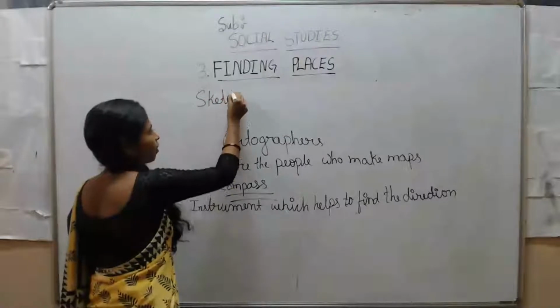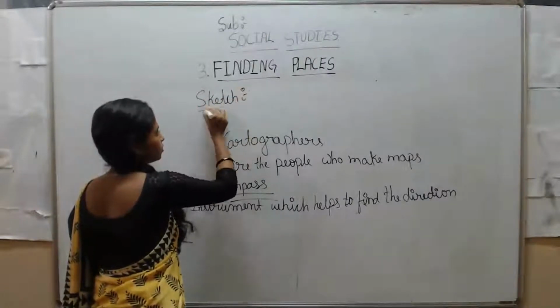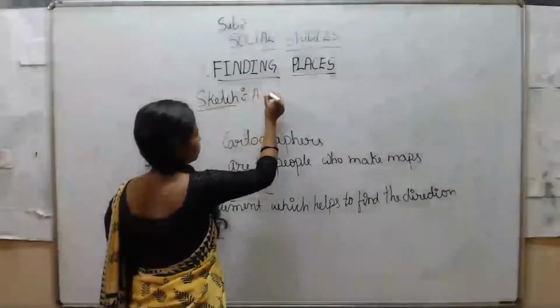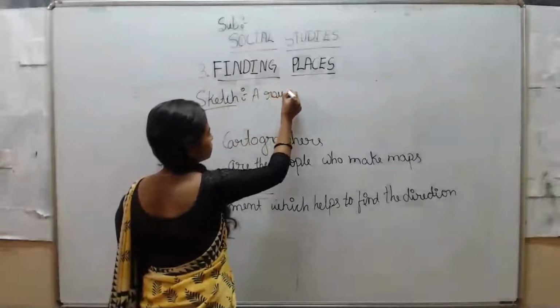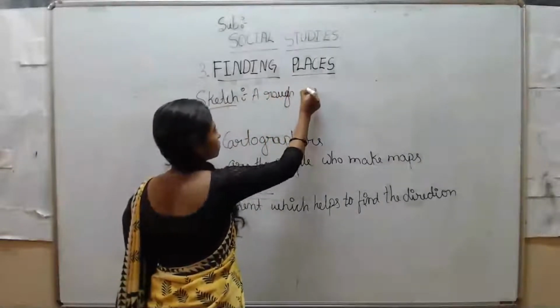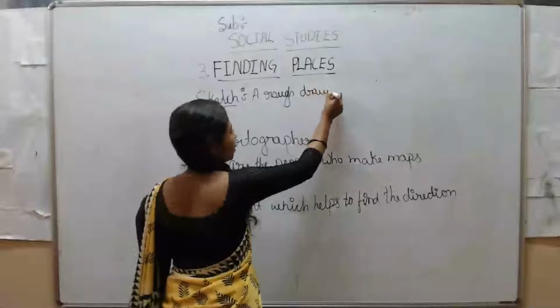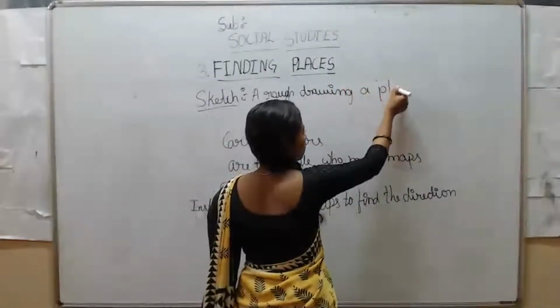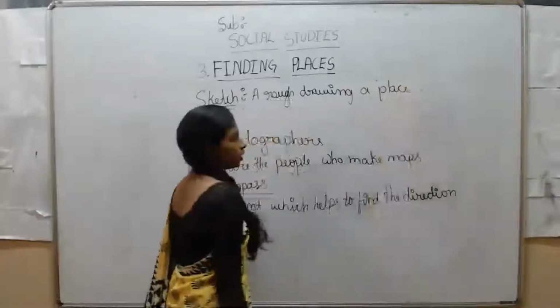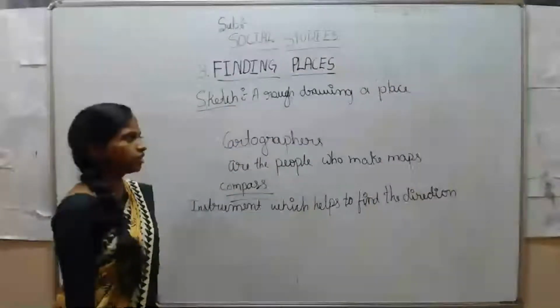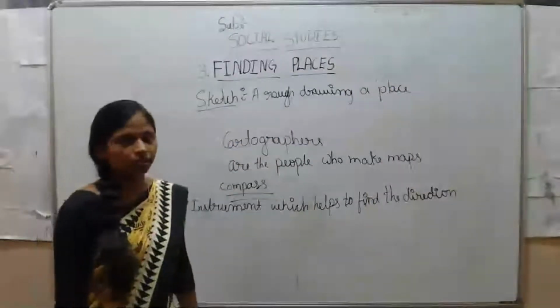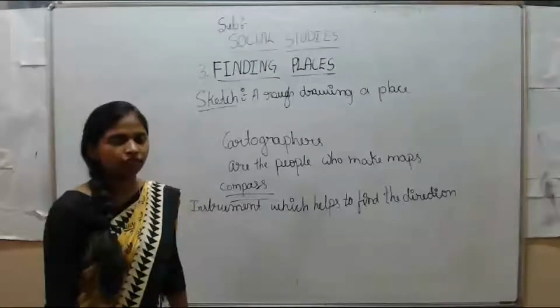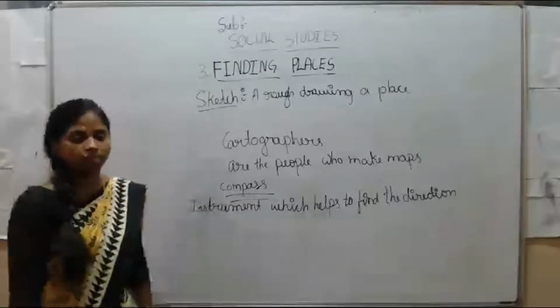Sketch means a rough drawing of a place. A rough drawing of a particular place is known as sketch. With the help of the sketch, you can give directions to one particular place.